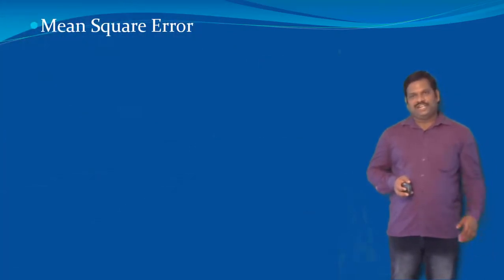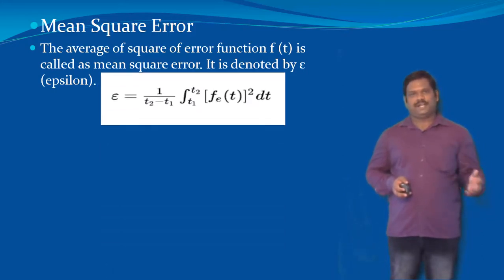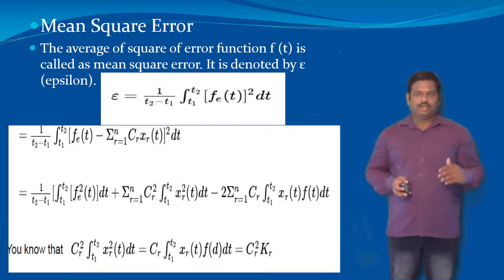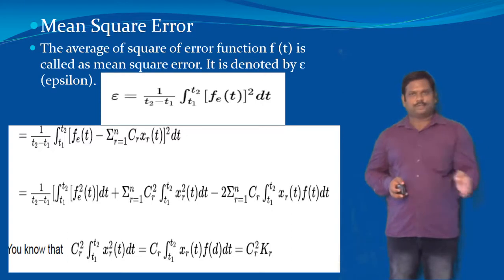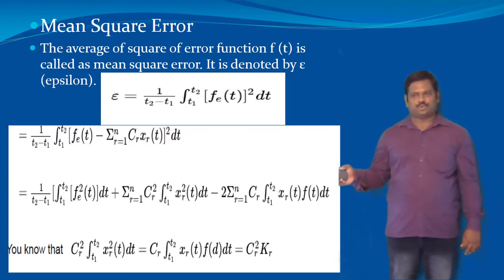Next, we will calculate the mean square error. The generalized formula is the same. The average of the mean square of f of t is given by the mean square error, denoted by E, equal to 1 by t2 minus t1 integral of t1 to t2 f square of t dt. Further, we square the corresponding expression, getting three parts like a square, b square, minus 2ab.